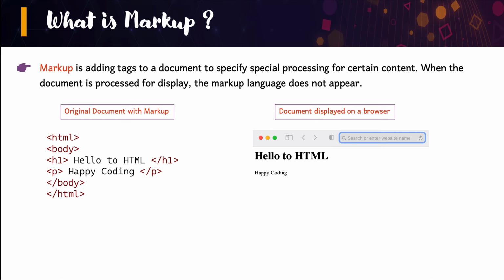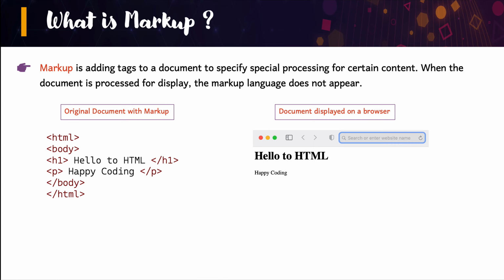But you can see that hello to HTML is shown in a slightly bigger font and bold in color, because that on the left hand side is enclosed between an h1 on the left and an h1 on the right. It shows the browser knows that h1 is a heading, and therefore it shows the heading properly on the right hand side. Similarly, happy coding is enclosed within P, which stands for paragraph, and that is understood to be a proper paragraph, and therefore when the document is shown in the browser, it is shown in a smaller font.